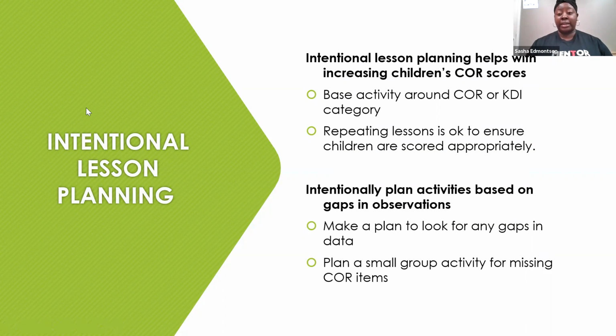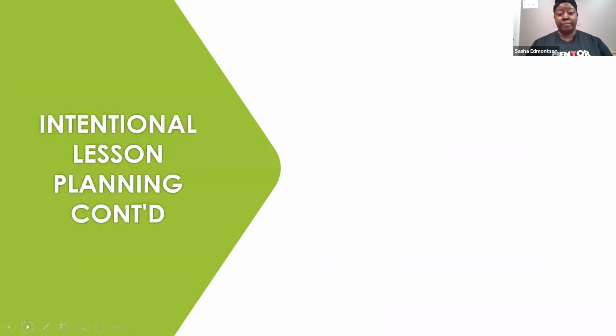Intentional lesson planning based on activities helps you fill in those gaps, as Kim was saying. It might be hard to get some of those anecdotal notes on maybe object permanence or nature or something in mathematics. So you want to make a plan to look at any gaps in your data, and then plan small group activities for the missing core items that you have.